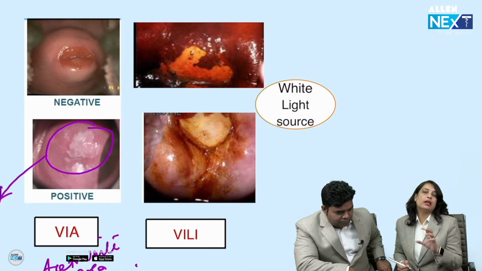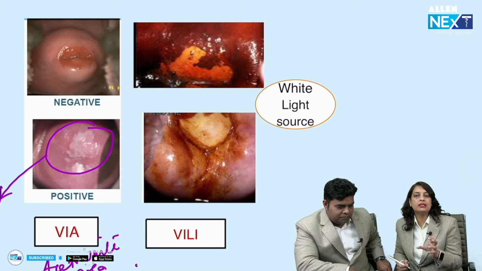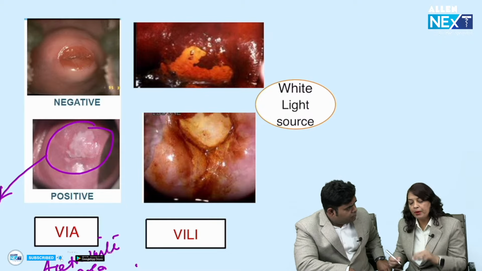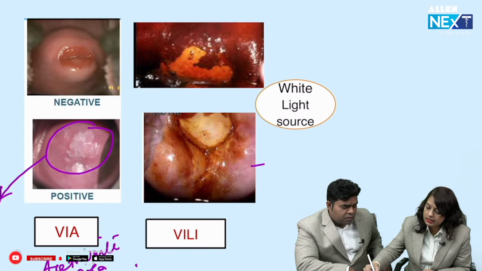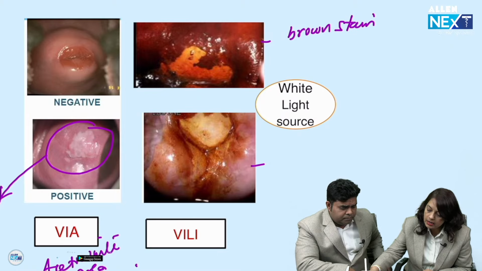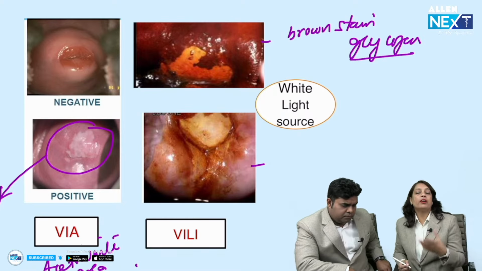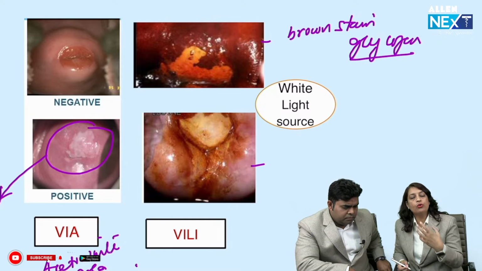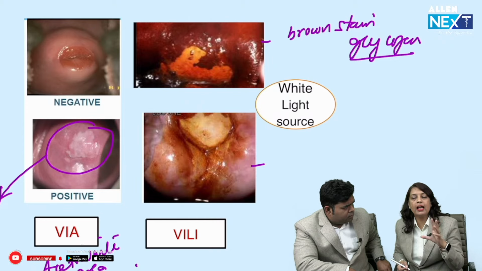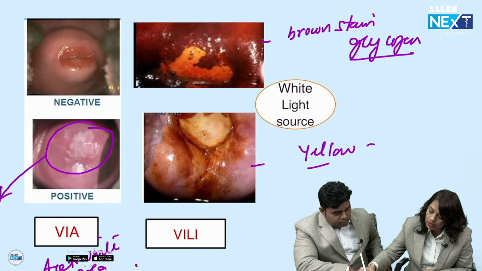Now in VILI, Lugol's iodine is applied, and normal epithelial cells of the cervix contain glycogen. So the normal cells take up the brown stain because they have glycogen content. But abnormal cells have outgrown their blood supply and nutrition, so they do not have glycogen, and they appear as yellow areas.